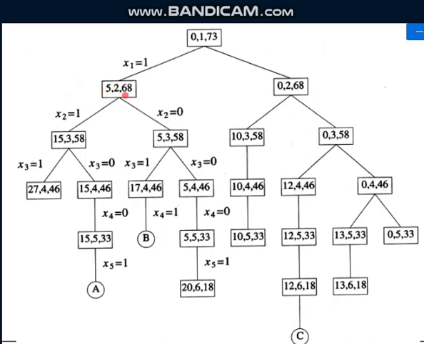In these 3 values, the first one indicates the sum, the second one indicates which element you are going to include or exclude, and the third one indicates the sum of remaining elements in the main set. So now we have included 5 in the solution set. If we exclude that 5 from the main set, what will be the remaining sum? 73 minus 5 will give you 68. So that is what this 68 indicates.